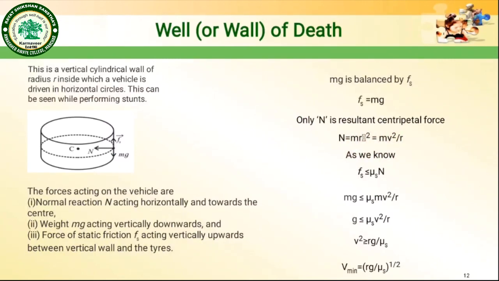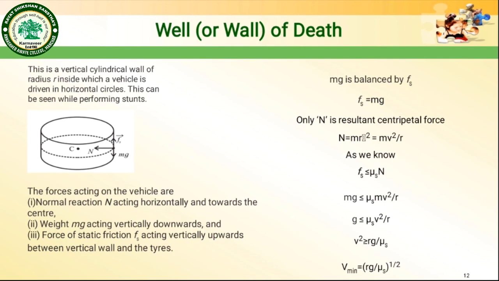As we know, Fs is less than or equal to mu s N. Putting the values of Fs and N, we get mg is less than or equal to mu s mv square upon r. m is cancelled from both sides. Then we get g is less than or equal to mu s v square upon r.